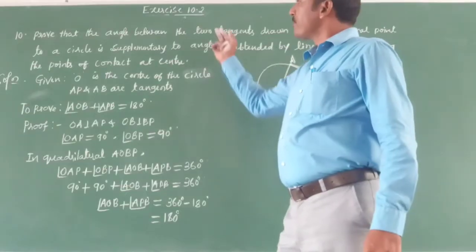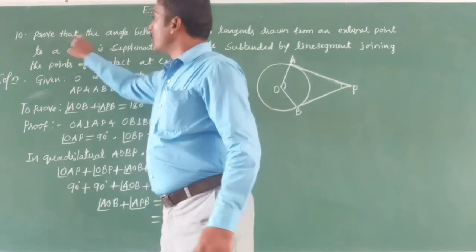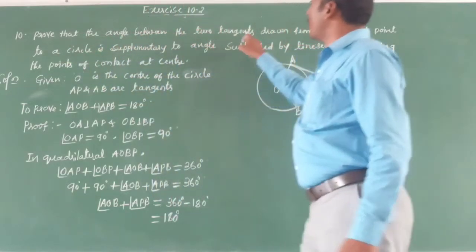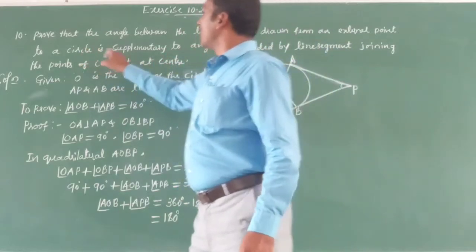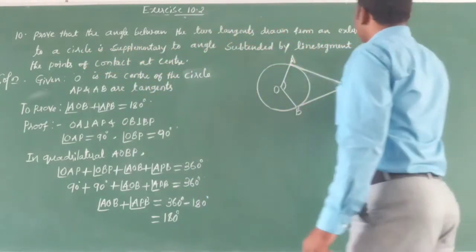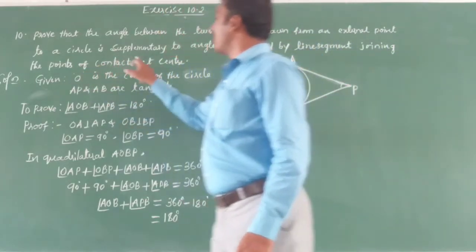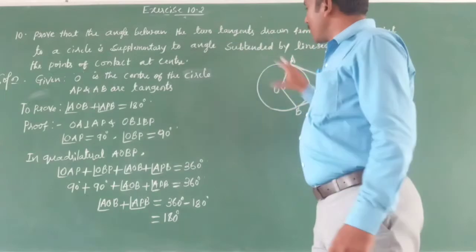We will discuss 10 questions from exercise 10.2. Question is, prove that the angle between the 2 tangents drawn from an external point to a circle is supplementary to the angle subtended by the line segment joining the points of contact at the center. According to the question you have to draw a diagram.